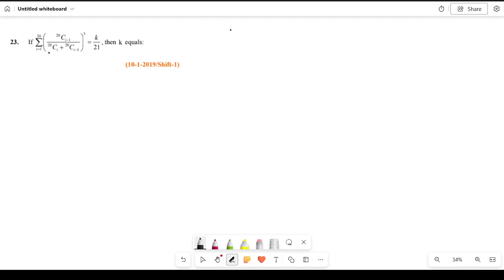So first, if I am able to manipulate the term inside, I will get a simplified version of it, then I will cube it, then I will put the summation symbol, then I will try to solve the question.